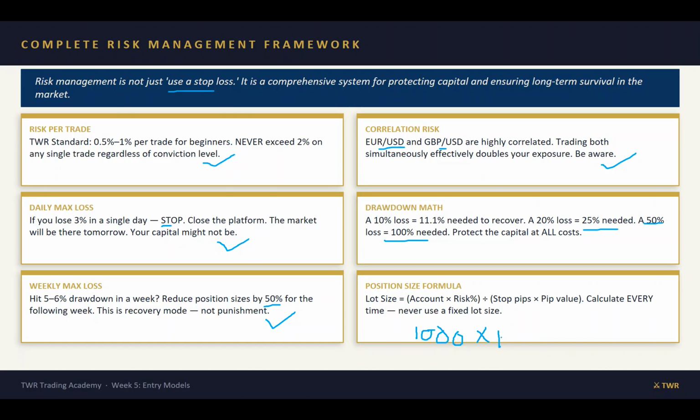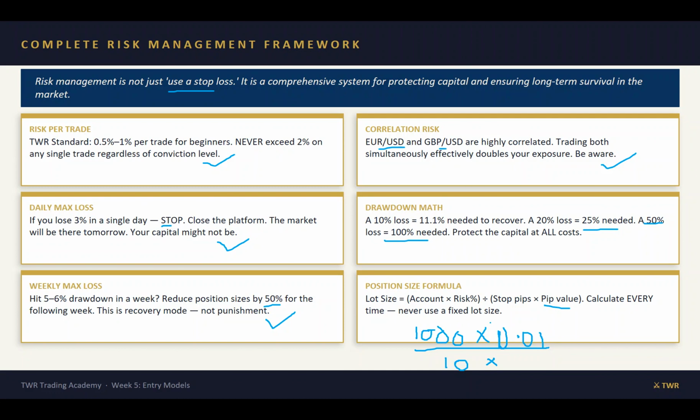So 1% is 0.01. Okay? So this one you divide by the stop loss. If your stop loss is 10 pips times your pip value. Pip value is determined by the currency pair that you're trading.